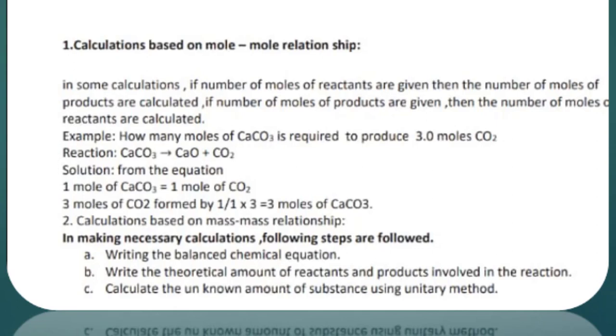In a chemical reaction, two or more elements or compounds are combined to form products. Reactants means those that are combining. Which side are they present? Left side. Reactants are on the left side of the chemical reaction. You can see children here.